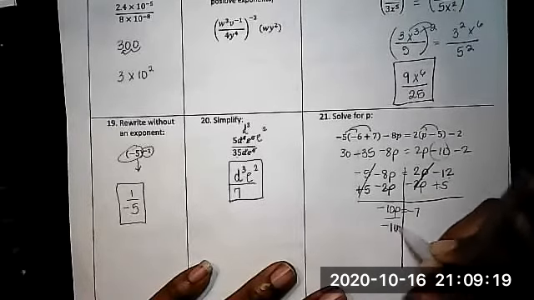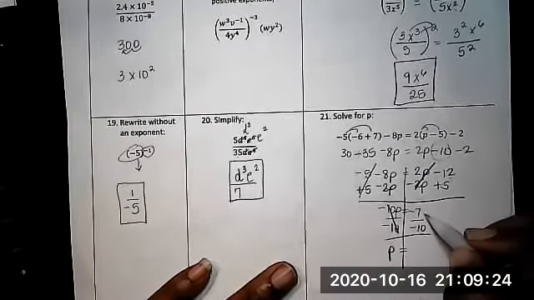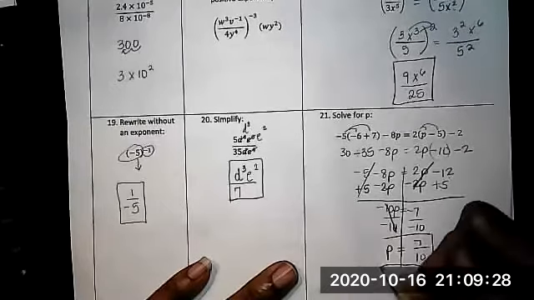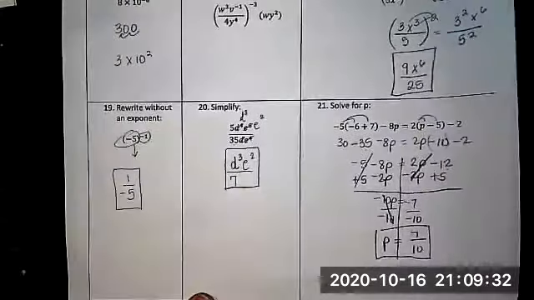So if I divide by negative 10, p is equal to negative 7 divided by negative 10, which becomes positive 7 over 10. Okay, that is my answer there for p. All right, so we have those two.